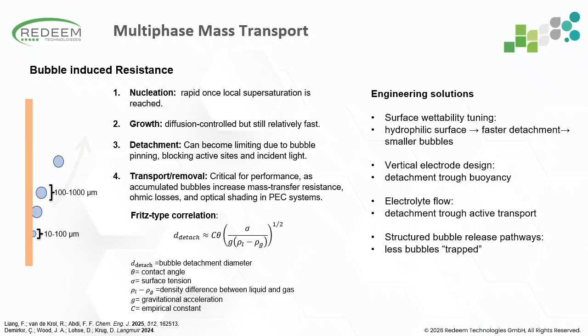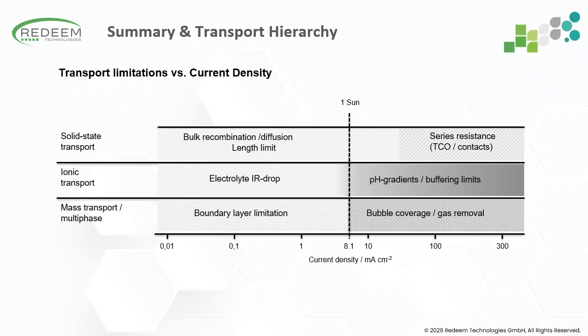Vertical electrode orientation allows buoyancy to assist the removal, and electrolyte flow actively sweeps bubbles away. And dedicated flow paths can prevent bubbles from becoming trapped. So in other words, a successful PEC reactor design is not only about generating gas efficiently, but also removing it efficiently. Now I'd like to summarize the transport limitations that we've discussed.